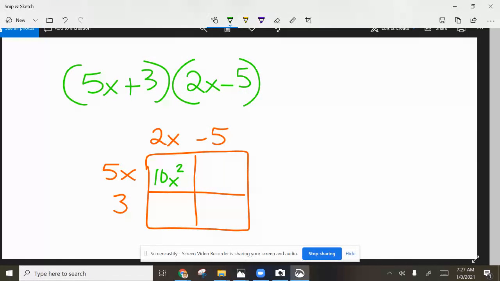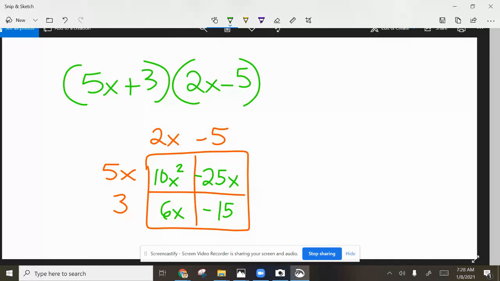And then I'm going to do the next multiplication, which is right here. That box is going to be 5x and negative 5. Do you see how I'm doing this? Okay. And that's going to be negative 25x. Okay. Then I'm going to do 2x and 3. And I'm going to get 6x. And then negative 5 and 3.